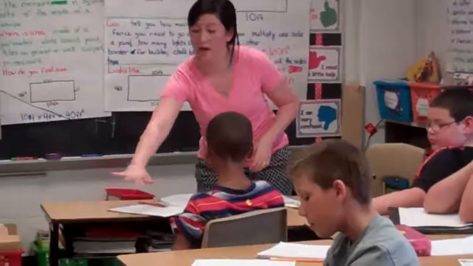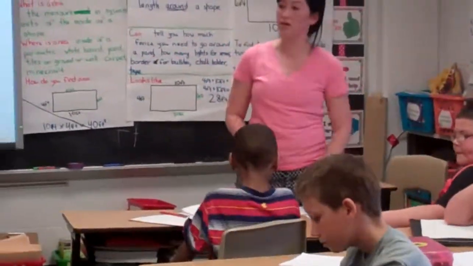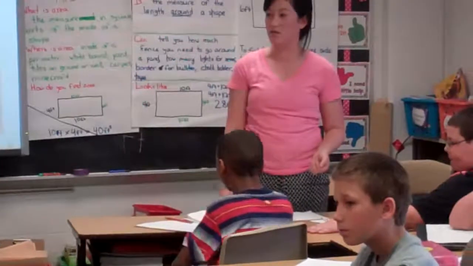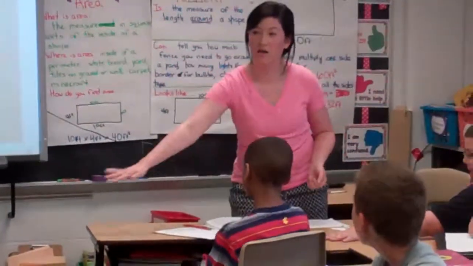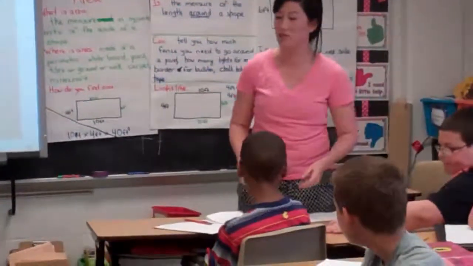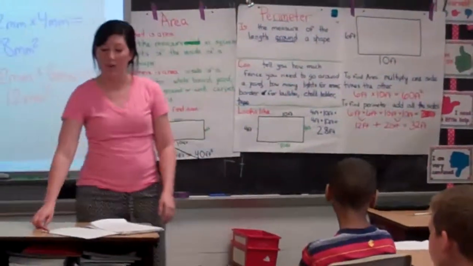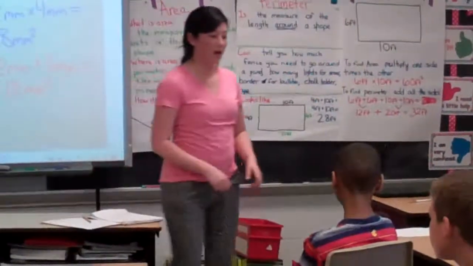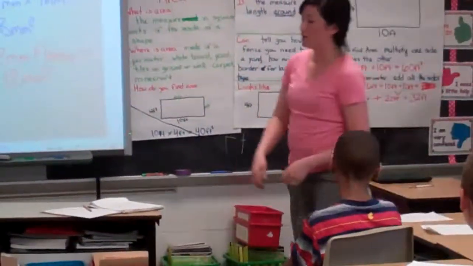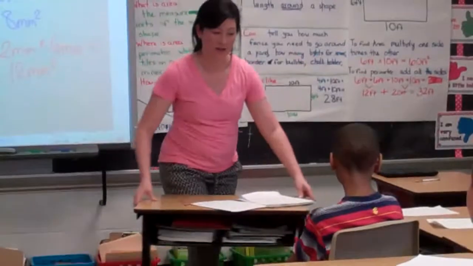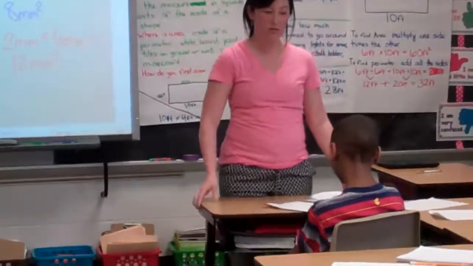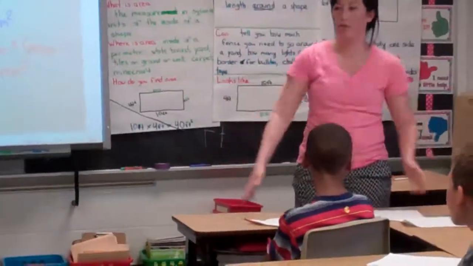I have this rectangle, and I have this rectangle, and I put them together. If I want to find the area of this rectangle and the area of this rectangle, then I'm going to find this one, and I'm going to find this one, and then I'm going to add them together to find the whole thing.